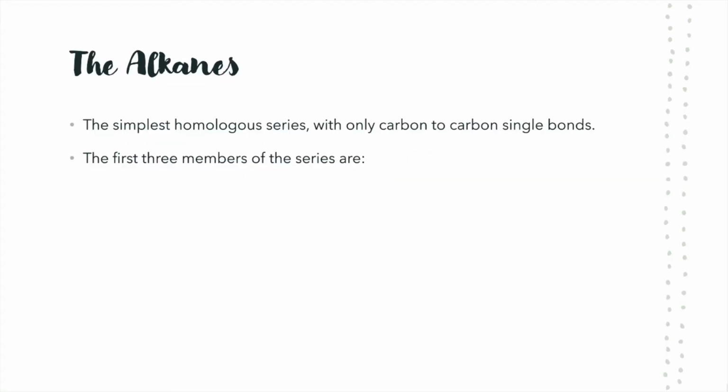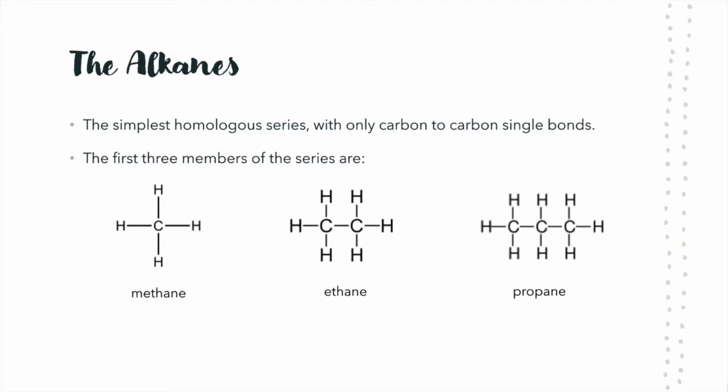So let's look in particular at the alkanes. Now, the alkanes are the simplest homologous series and they only have carbon-to-carbon single bonds. Now, when I say the word single bond, what I mean is that between one carbon and the next, there will only be one line indicating a single covalent bond. The first 3 members of the series are methane, ethane, and propane.